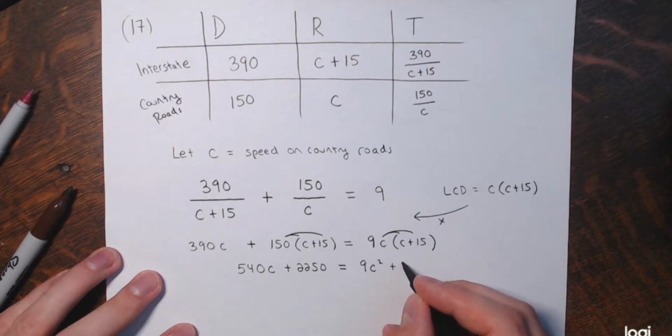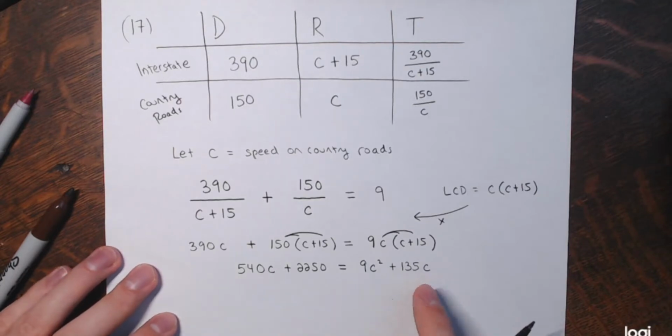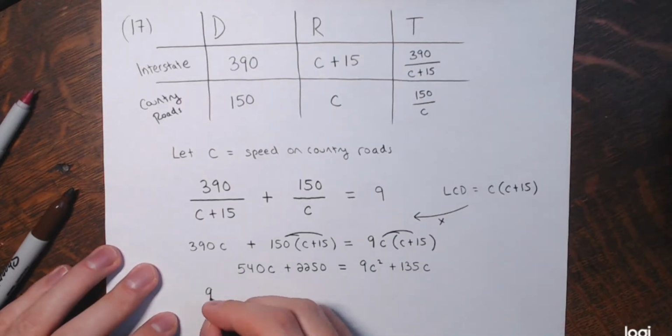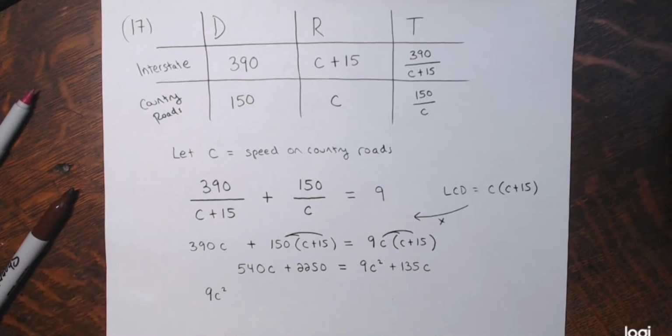So plus 135C. I'm going to take everything to the right. We'll switch sides. So I got 9C squared. Then 135 minus 540. That'd be 405, negative 405.